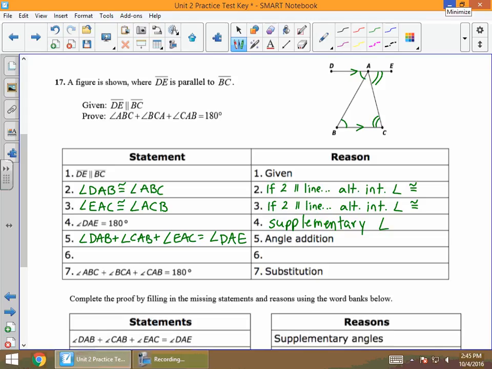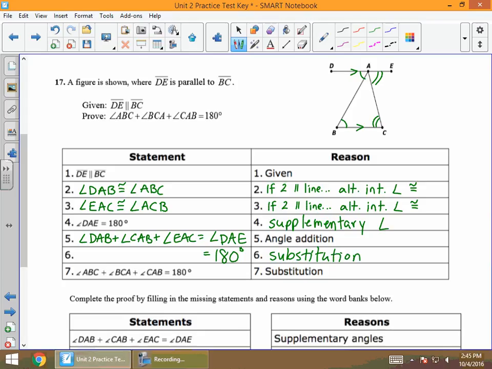So that is the same angle that is that straight line, DAE. All right, and the last thing that we have, by process of elimination I could get there, but I want you to look at line 4 and line 5. I say in line 4 that angle DAE is equal to 180. And then in line 5, I have these three things that add up to DAE. So I'm going to make the substitution right here. I'm taking out angle DAE and I'm plugging in 180 degrees.